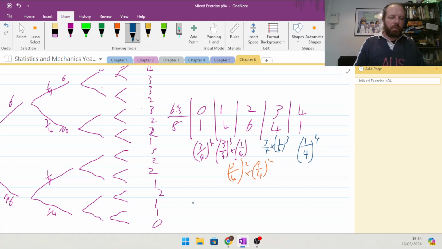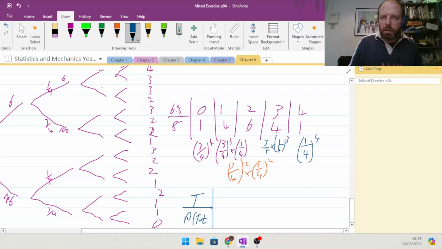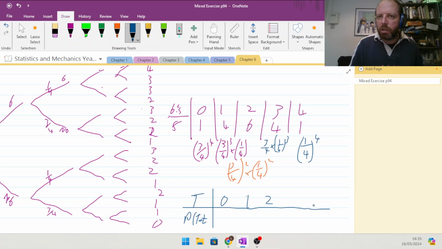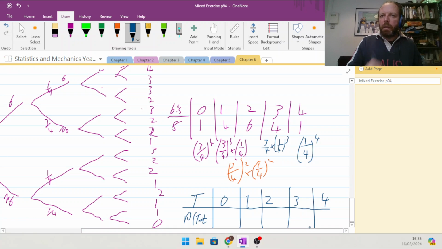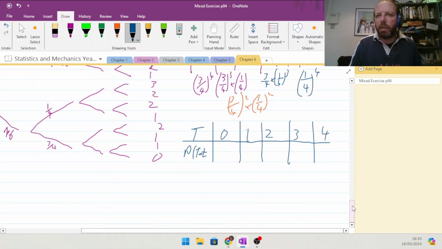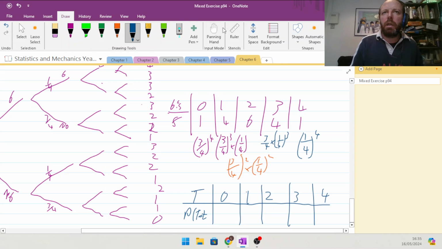Okay, so putting them all into the calculator, we can construct a table given the probability distribution of t. So t can be put in, and the probability of t, putting it all in for 0, 1, 2, 3, and 4, we will have the different answers that we've just worked out at the top.